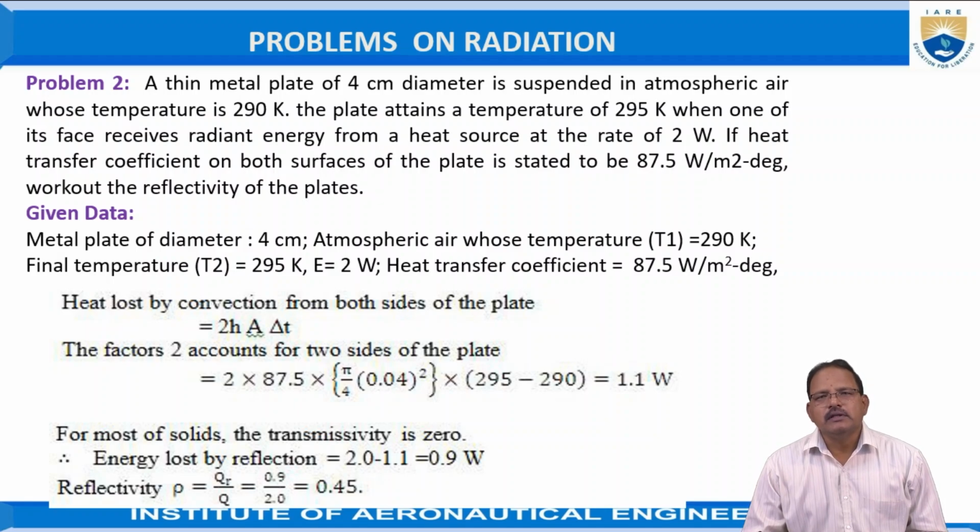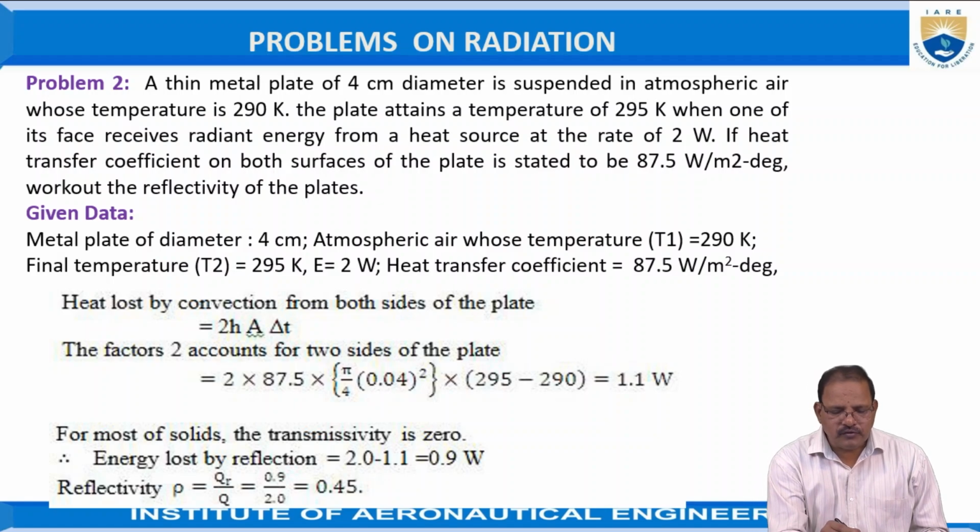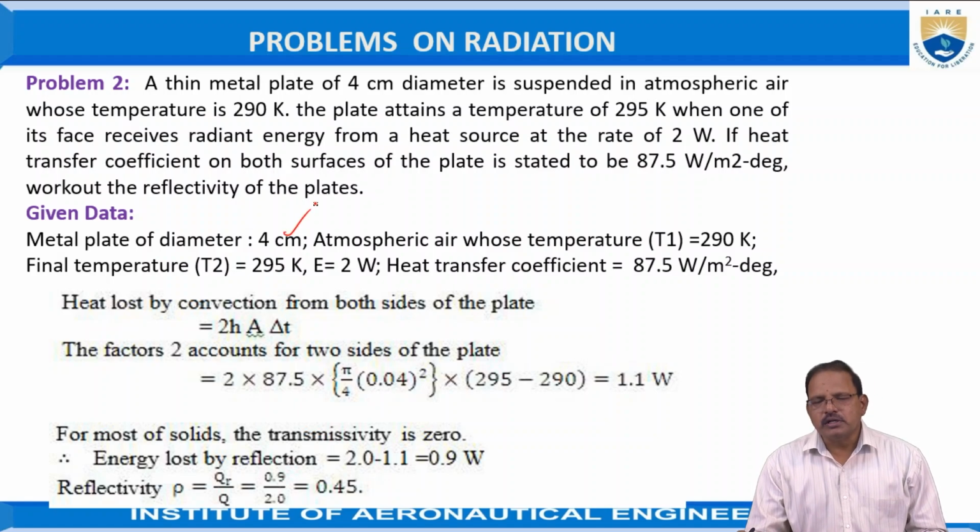So first, identify the given data in the problem. The metal plate diameter is given as 4 centimeters. Atmospheric air temperature, treated as the initial temperature, is equal to 290 degree Kelvin.